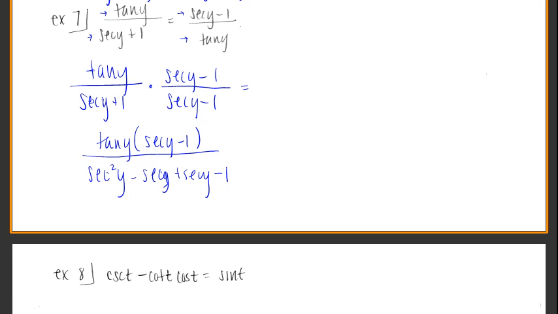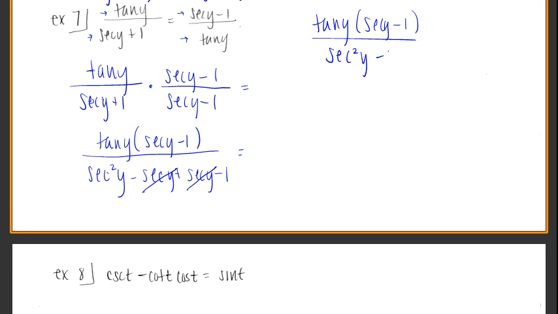And last would be a minus 1. And by choosing the conjugate, you can see right here that negative secant y is going to cancel with a positive secant y, and that goes away. Okay, I'm choosing not to distribute the top here in just a second. You're going to see why. Over secant squared y minus 1.